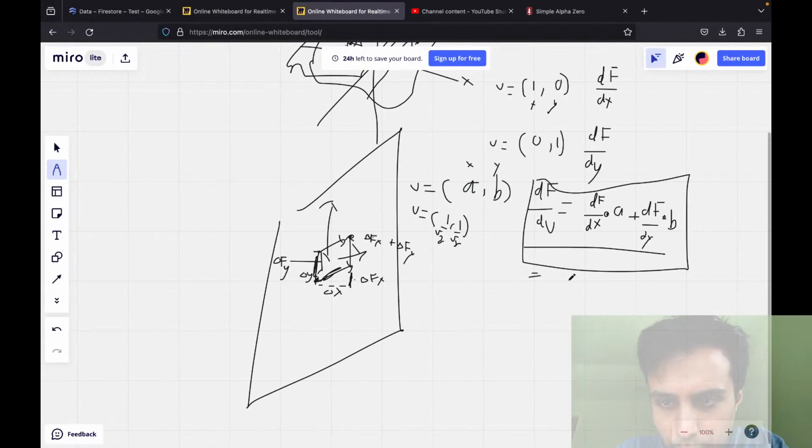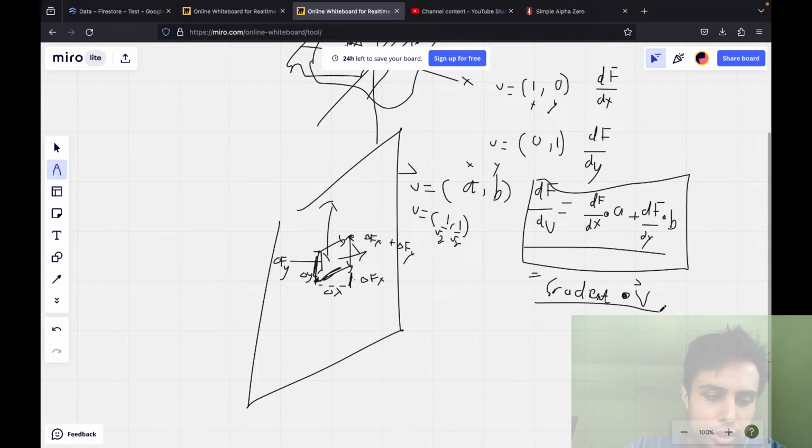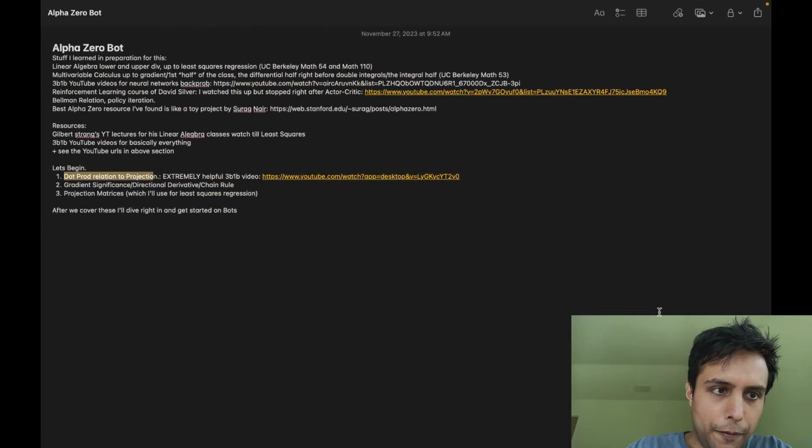We can also rewrite this as the gradient dot v, because v is just a, b. So we could actually stop here: the gradient dot v.